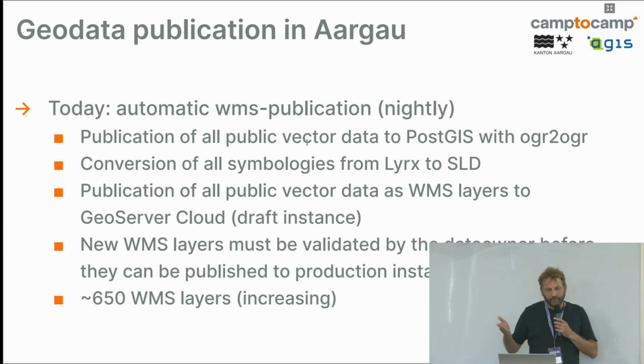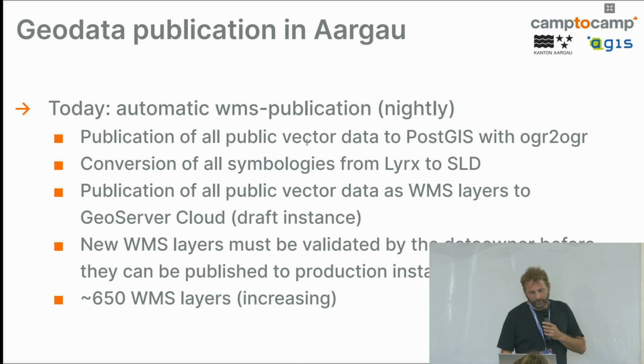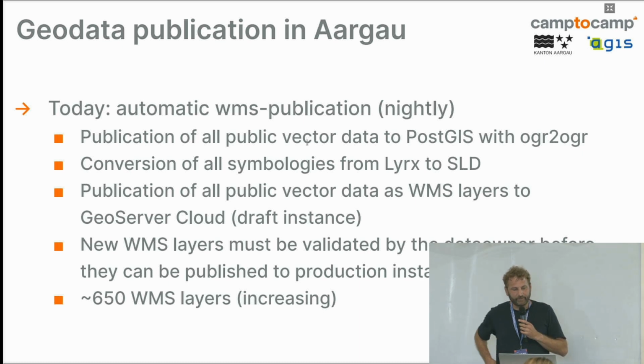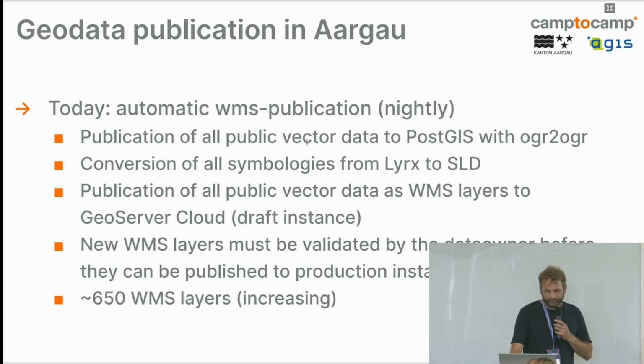So the specialist has a preview, can look at the results, and then say it's okay, or they can call us and we can deal with the canton and fix errors, or suggest a workaround. So with this process, we have at the moment around 650 WMS layers, which is increasing.